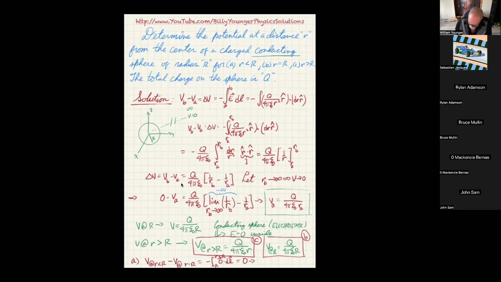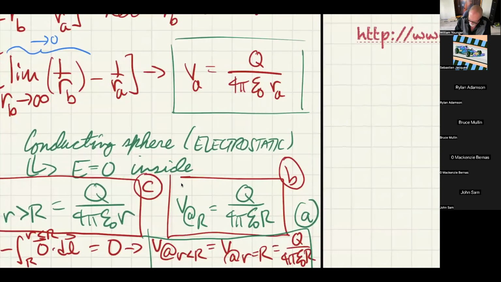So the voltage inside, V at r less than big R, is just equal to V at r equal to R, which equals Q over 4 pi epsilon naught R. So that's the answer to part A. I'm sorry it looks so small in there. I didn't realize I was going to take up so much page. But you see it's 4 pi epsilon naught capital R in the bottom. Anybody have any questions on that one?